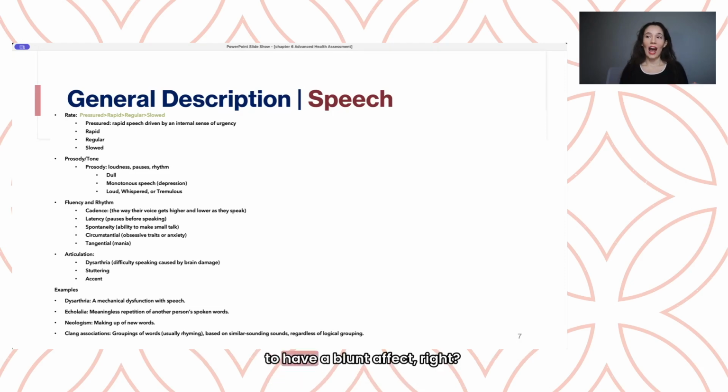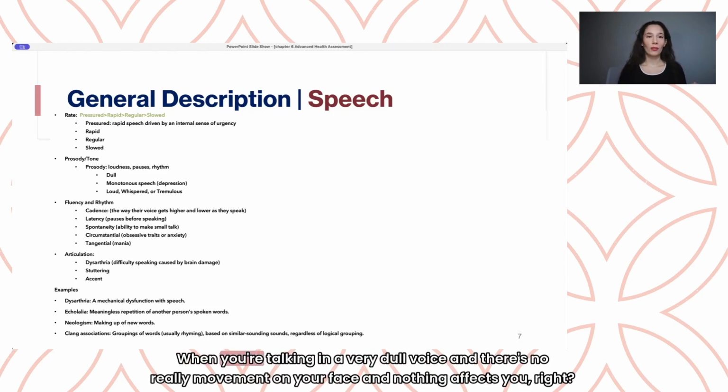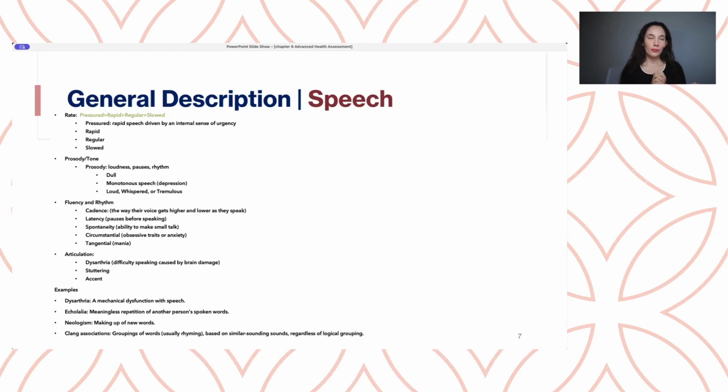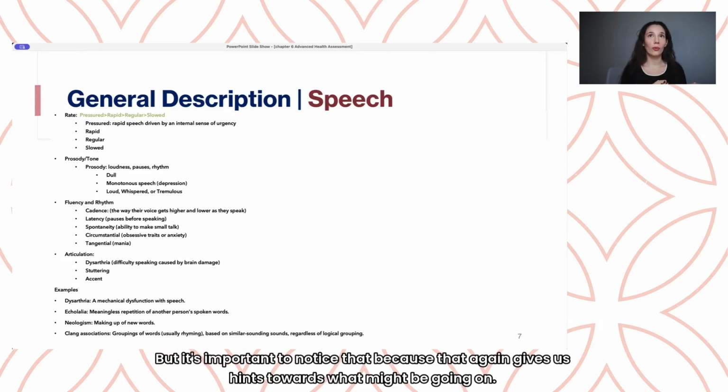Because to have a blunt affect, when you're talking in a very dull voice and there's no real movement on your face and nothing affects you, that is indicating to us something in there, usually, maybe catatonia even, right? But it's important to notice that because, again, it gives us hints towards what might be going on.